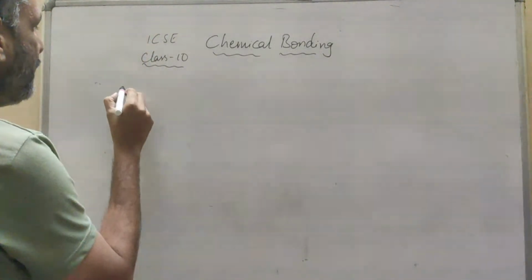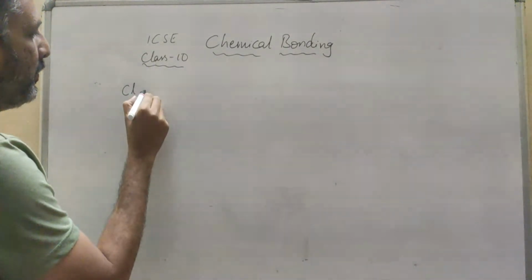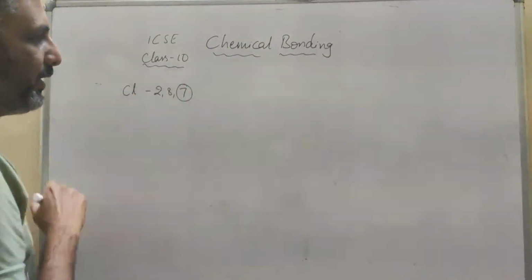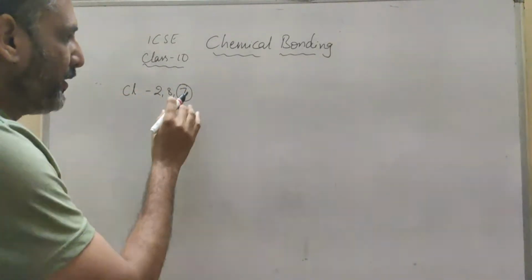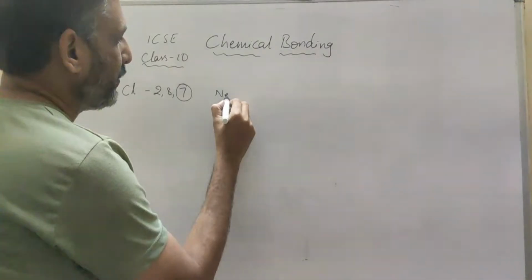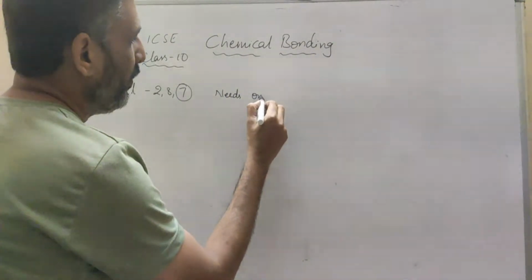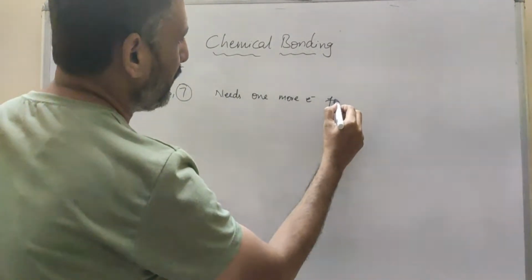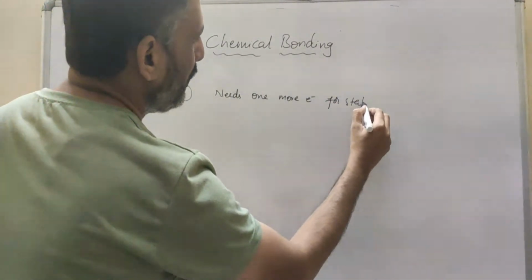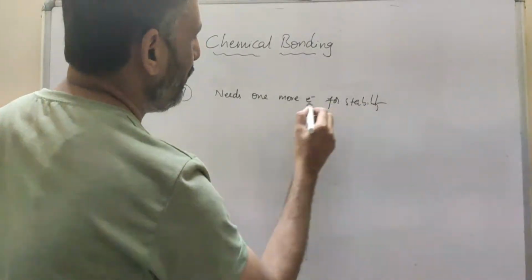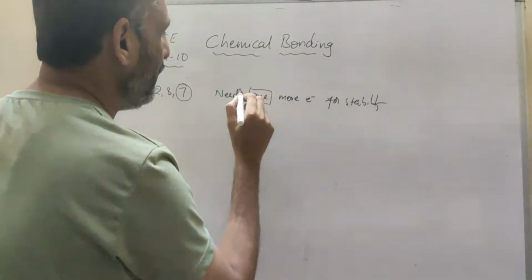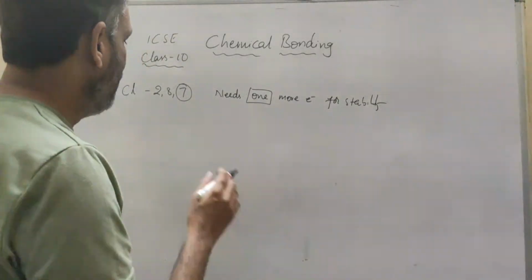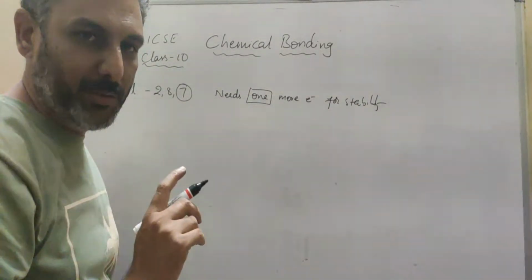For example, when you take chlorine, 2,8,7, it has 7 valence electrons, meaning it needs one more electron for stability. Since it needs one more electron for stability, when chlorine participates in covalent bonding, it gives one electron.